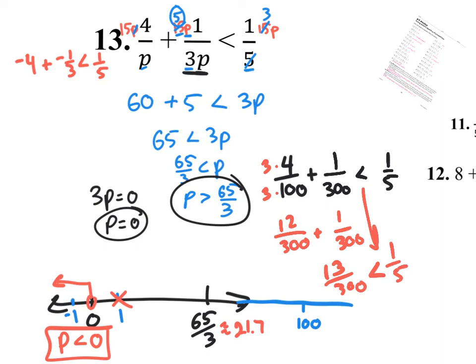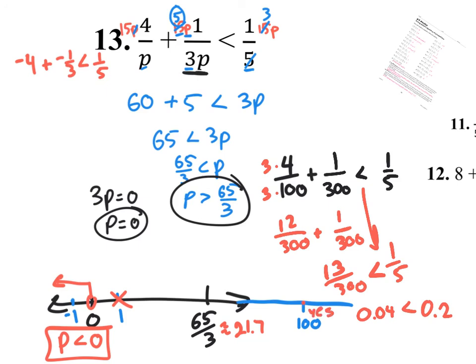Well, if you go to a calculator, like I am doing right now on my cell phone, I am going to do 13 divided by 300, equals 0.043, and that's definitely smaller than 1 divided by 5, which gives you a 0.2. So this is true. So this point right here, yes, it works.